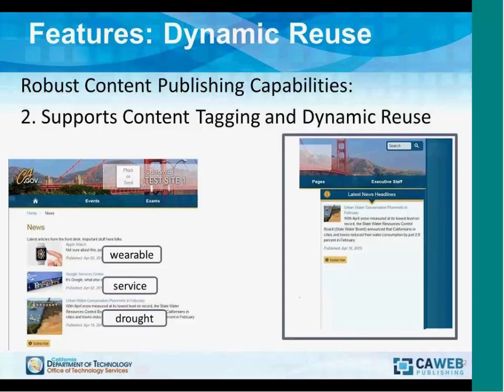In that case, automatically it would display the most recent articles about drought. Dynamic reuse. So basically your website's content is being dynamically generated even as the website changes according to the keywords that you have configured it with in different places for different subject purposes.